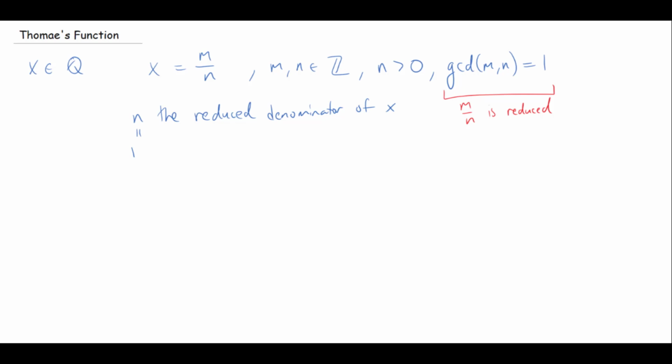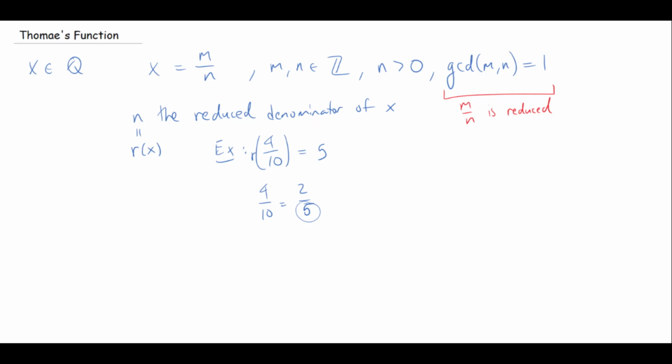I'm going to call this r of x. So n, the reduced denominator, will just be denoted by r of x. For example, what is the reduced denominator of 4 over 10? The reduced denominator would be 5, because 4 over 10 reduces to 2 over 5, and the denominator is 5.